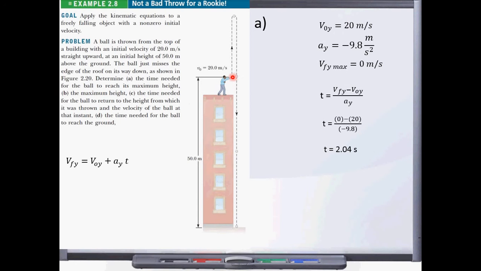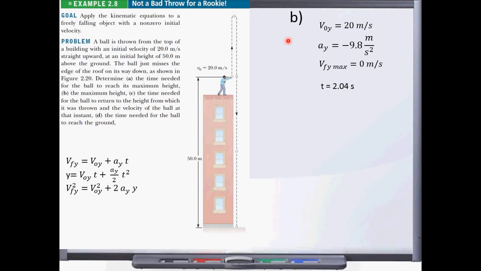Perfect. Now, B, the maximum height. Right now, you know what is the initial velocity, you know what is the acceleration due to gravity, you know the final velocity that is 0 at the maximum point, and you know the time that you spend to get from here to here. Okay, so you can use all that information.